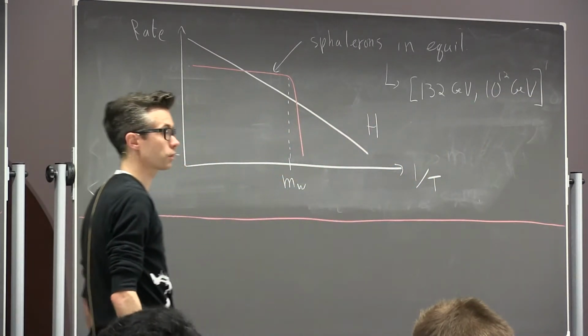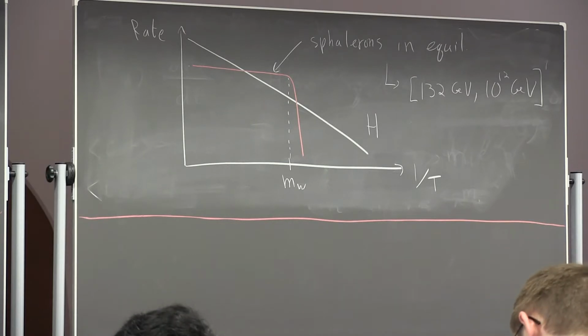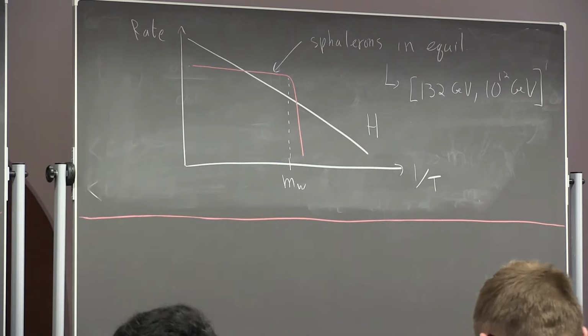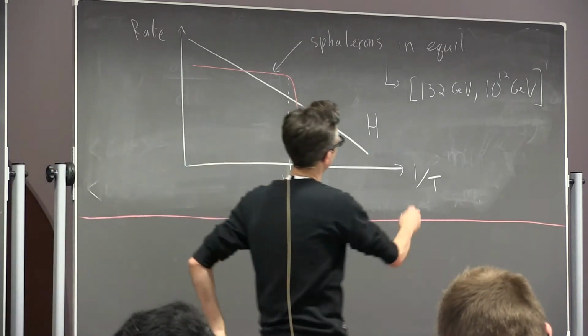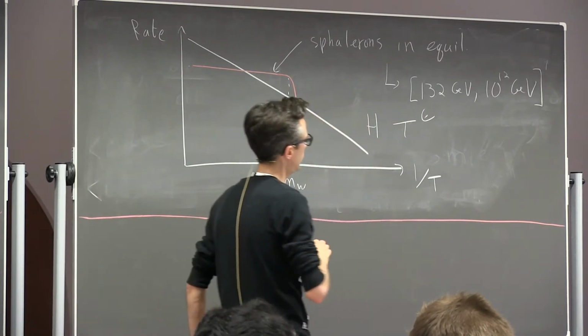So on a cosmological scale, in terms of equilibrating B plus L number, Sphalerons are really fast. So Sphalerons are active. They equilibrate your system, in this sense of equating these chemical potentials to zero, for temperatures between about 130 GeV and 10^12 GeV.